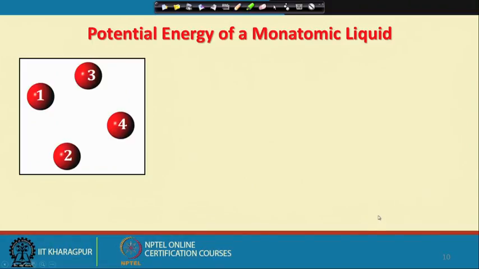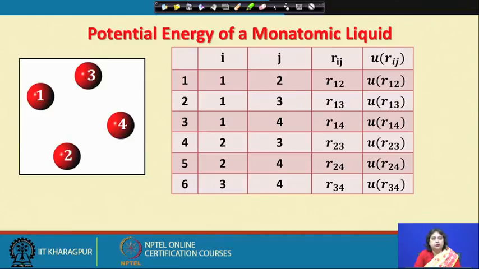Let us say that here I have a snapshot of my liquid sample, where these red balls are the atoms of the liquid sample, labeled as 1, 2, 3, 4 for our convenience. Of course, if you take a liquid sample like liquid argon, all these atoms are going to be indistinguishable.